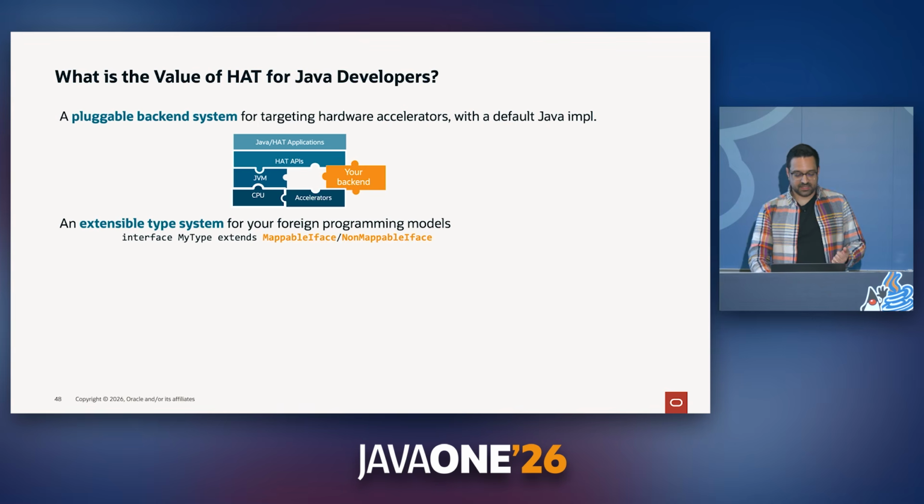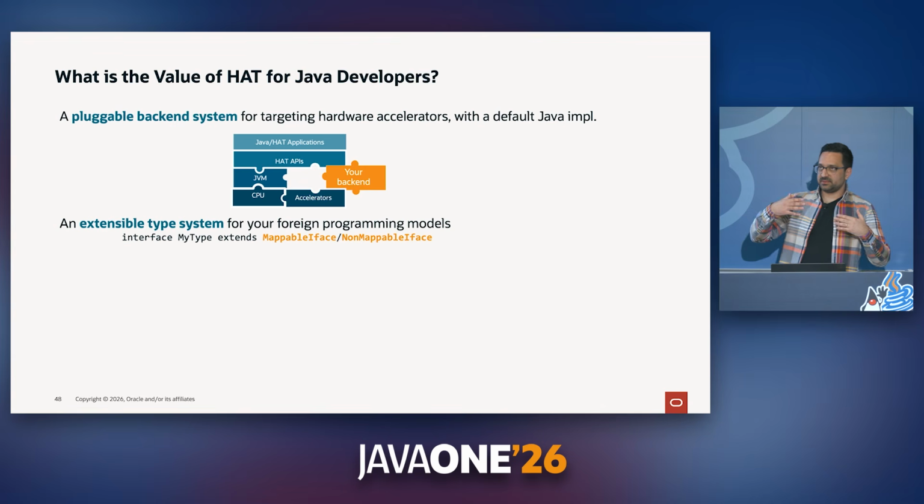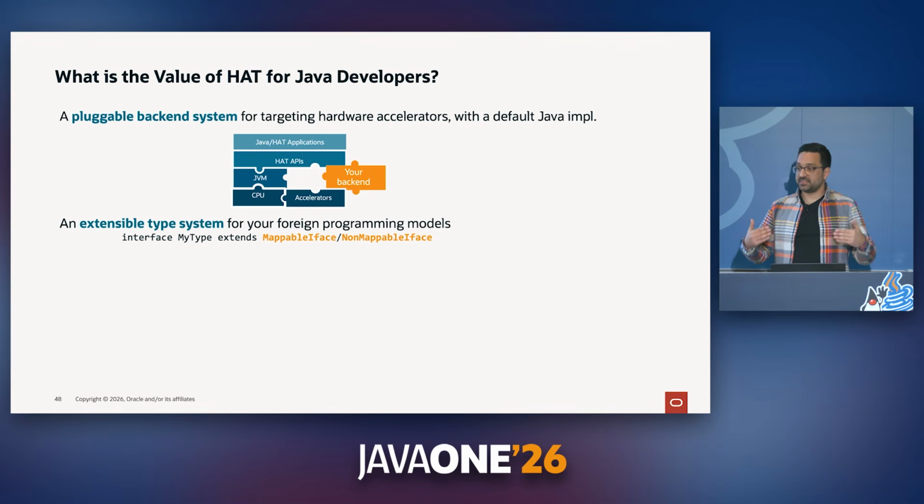The second thing is an extensible type system that helps developers exploit the memory hierarchy of their accelerator. I mentioned briefly shared memory, global memory, and constant memory, and those are pretty common on these accelerators, but you might have other types of memory regions that you want to exploit. And through the interfaces, with mappable buffer, I-face, and non-mappable I-face, that's a way to get there.